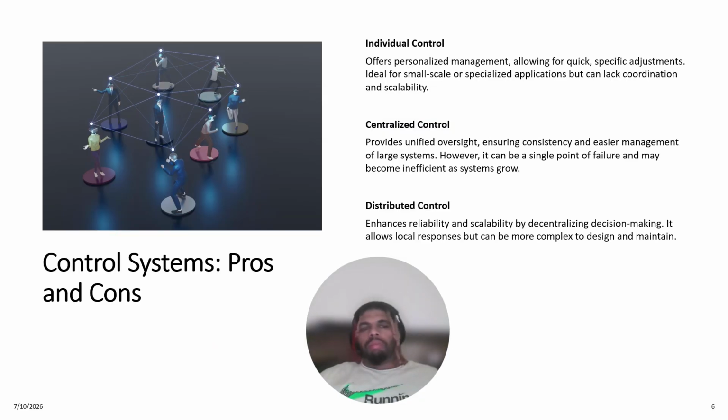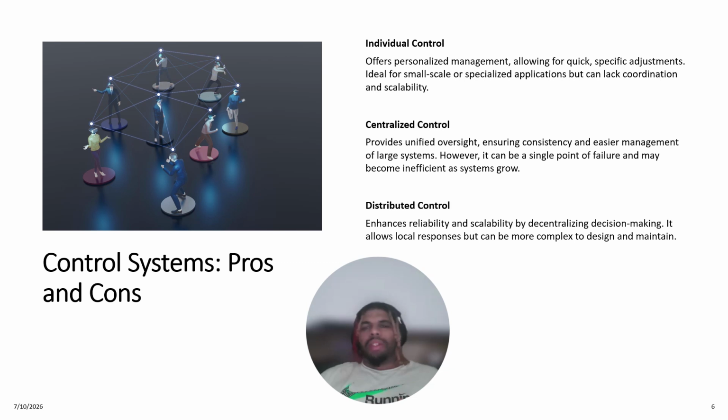Some pros and cons for these control systems: individual control offers personalized management, allowing for quick, specific adjustments, ideal for small scale or specialized applications, but can lack coordination and scalability. Centralized control provides unified oversight, ensuring consistency and easier management of larger systems.